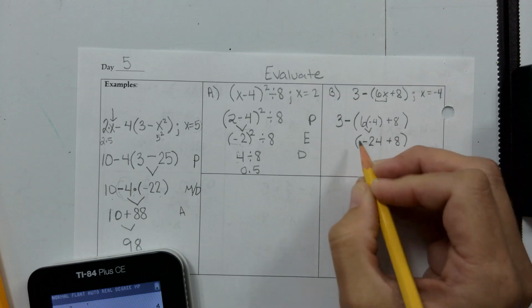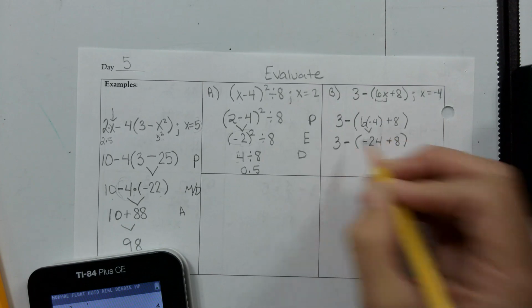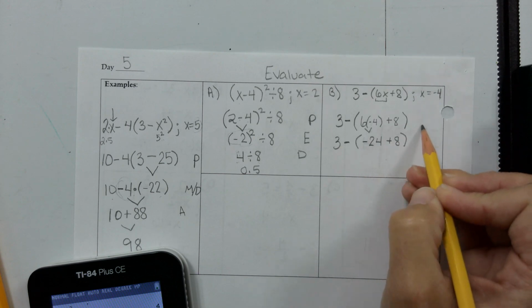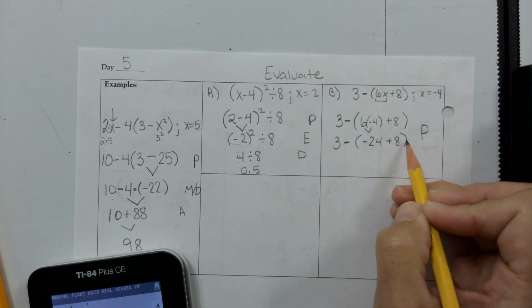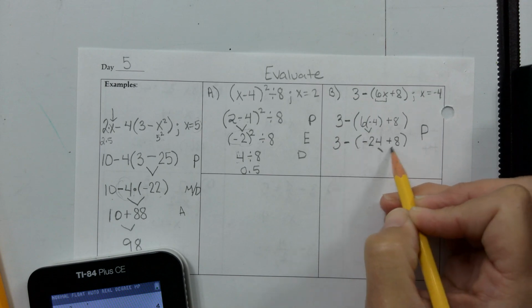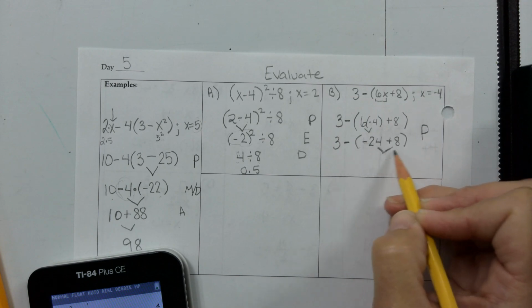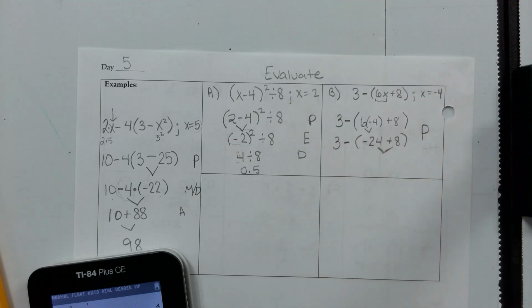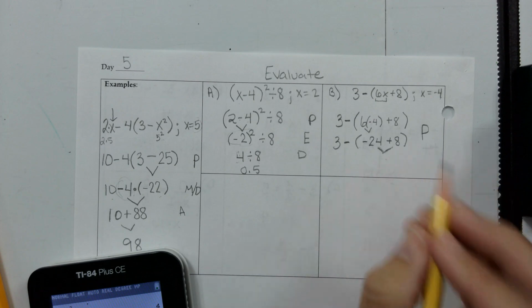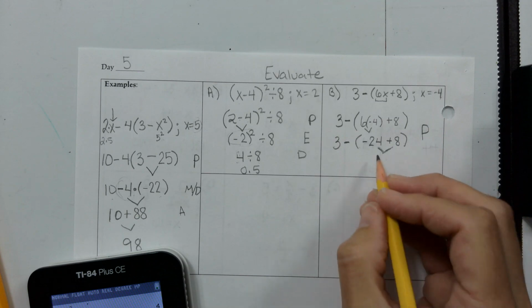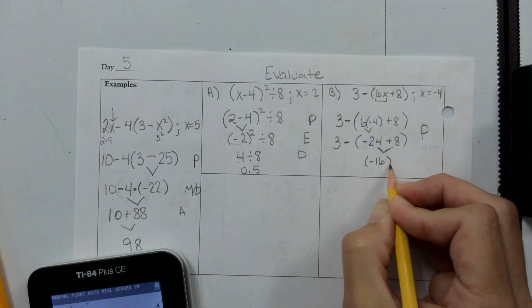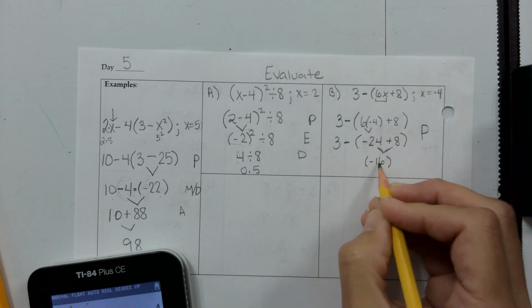That's still inside the parentheses. And now inside the parentheses, I'm still working on my P for parentheses. I'll go ahead and do this addition. Negative 24 plus 8. I want to make sure I get the right answer, so I'll type that in, which is negative 16. Now, again, that number was negative. So because the answer I got was negative, I'm going to keep those parentheses around it just to keep it safe. Keep that negative with that number.